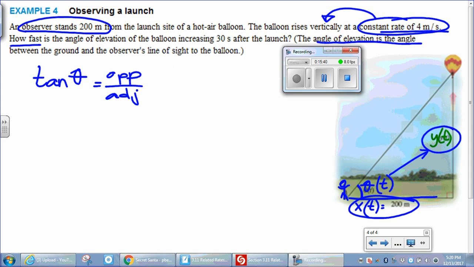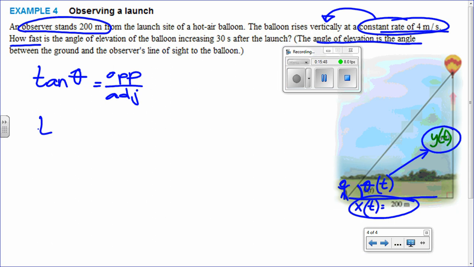Okay, so before we solve for theta and get into something more complicated with taking the derivative of tangent inverse, we're just going to take the derivative of tangent. But before that, let's go ahead and replace the opposite and the adjacent with actual variables or numbers. And so the opposite, we are just going to call it y for now, for vertical distance. And our adjacent is going to be given the number of 200 meters.